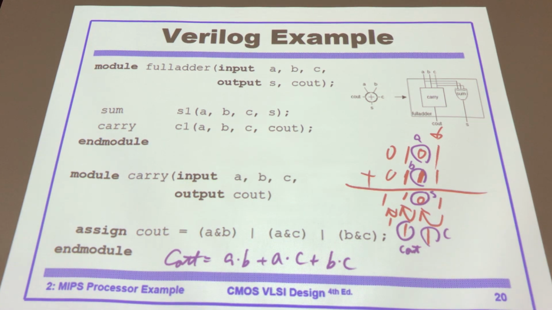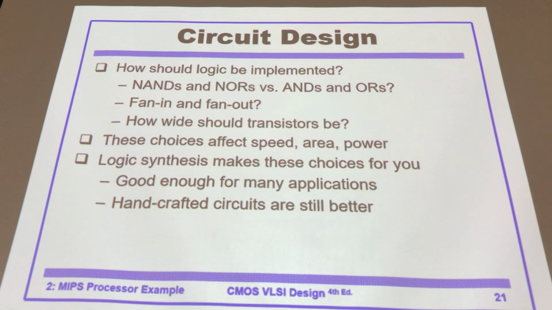So this is typical Verilog code for the conventional circuit, and here is the adder. And then we go down in the top-down design process. How should logic be implemented?